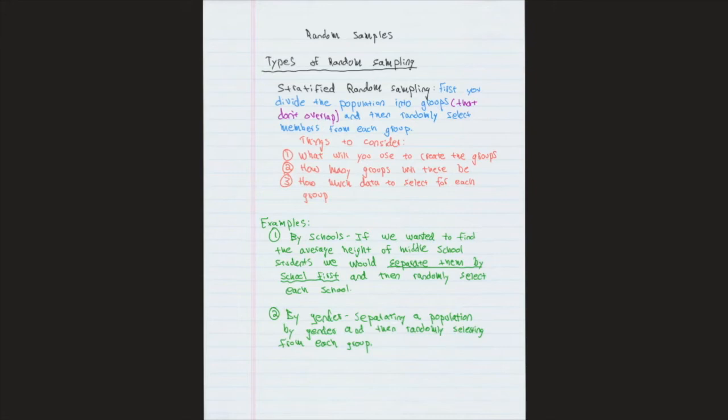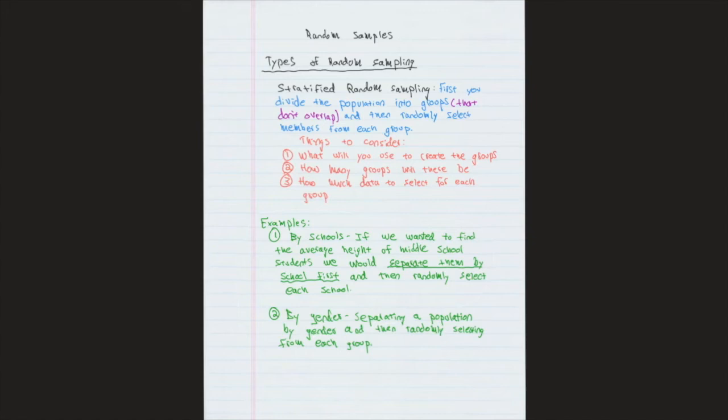And so you did people that were in math, and people that were in science, and people that were in ELA. Well, the number of people that are taking those classes probably aren't going to be equal in the school. There might be more people taking math than there are ELA, and that's fine. So in stratified random sampling, it's okay for those groups to have different numbers of population as long as you're still randomly selecting within the group.